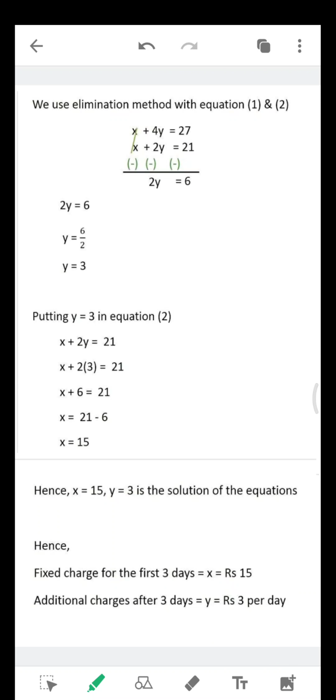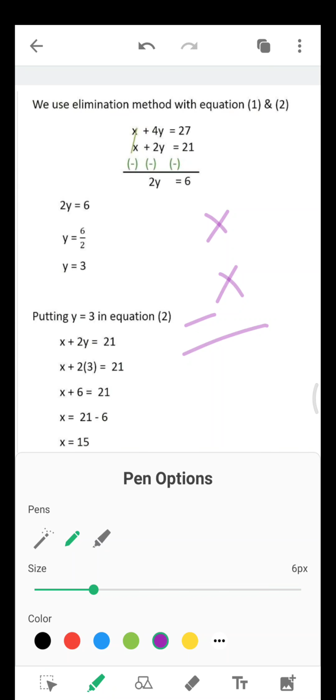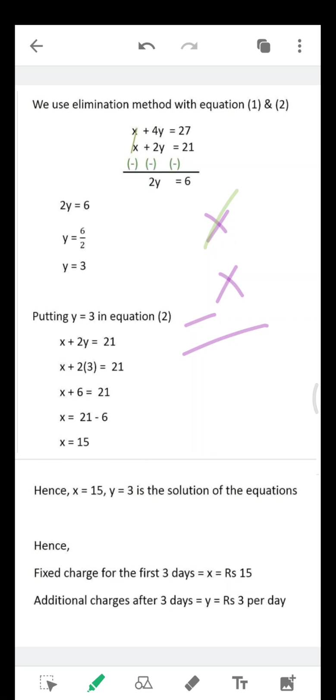Now a few students had a doubt why we are changing sign. We should change the sign when both are positive, because we cannot cancel positive x and positive x. Cancelling is nothing but subtracting. So x and x get cancelled. So 2y is equal to 6 and y is equal to 3.